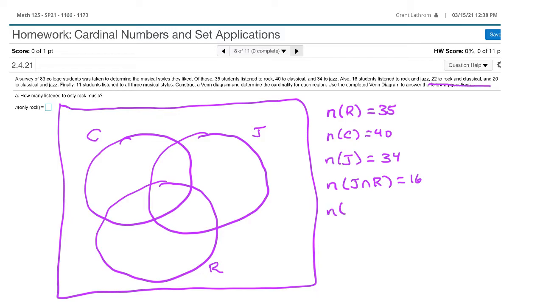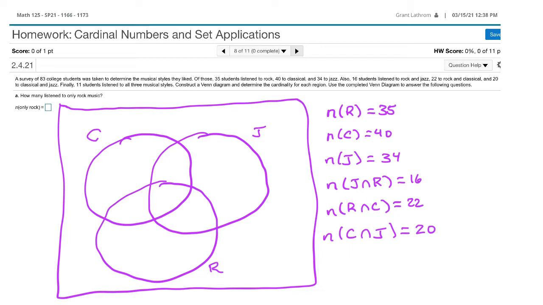So the cardinality of rock and classical is going to be 22. And then finally, we're told that 20 students listen to classical and jazz. So classical and jazz constitute 20 of our students.